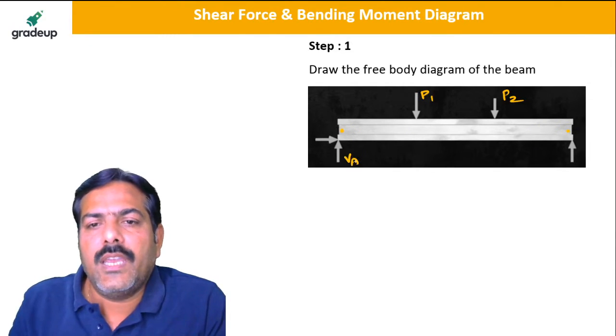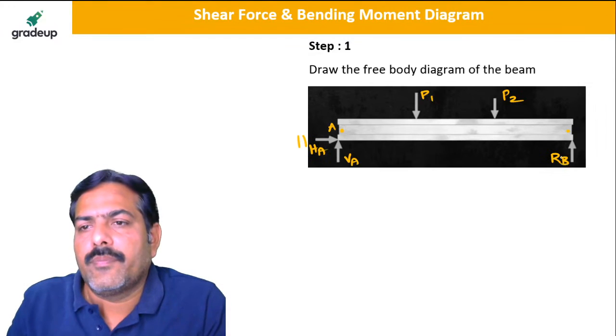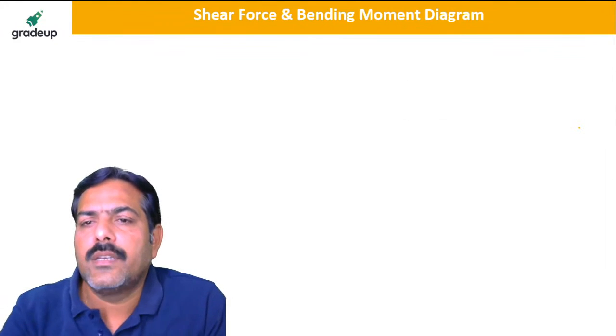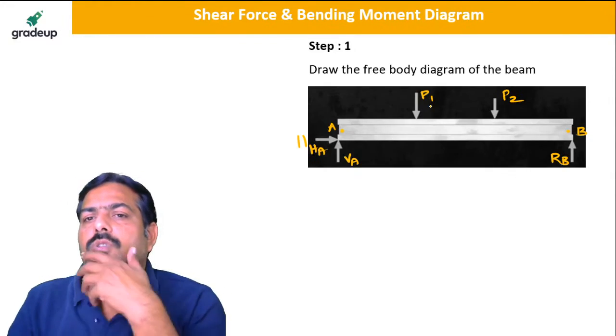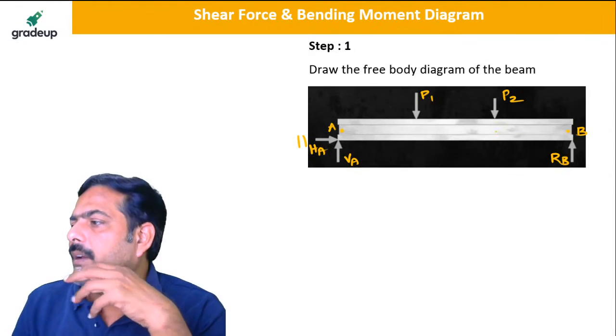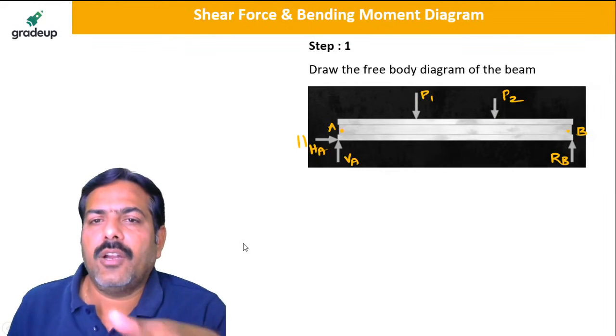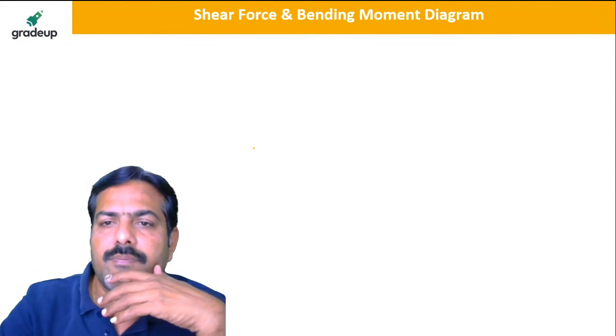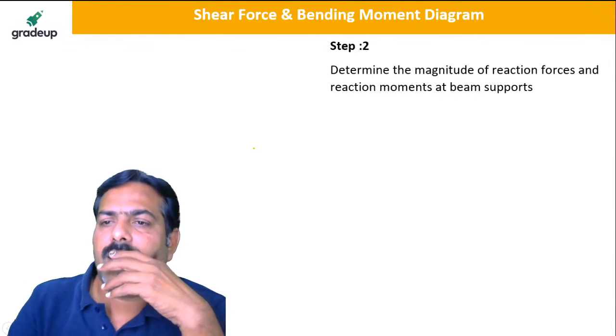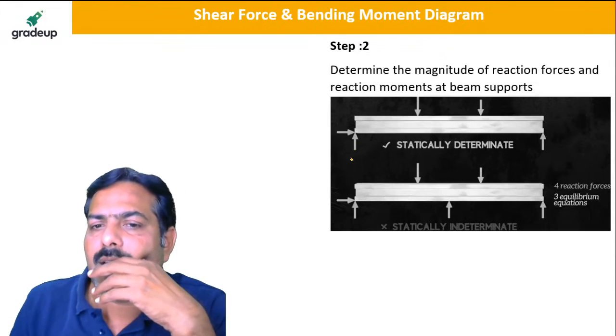So this is VA, this is HA, and this is RB. Likewise we need to draw the free body diagram, and once we draw it, we find out the magnitude of the reactions. Next, find the magnitude of the supports and the reactions.